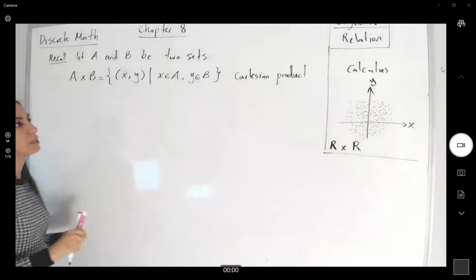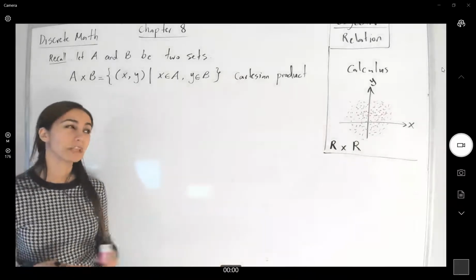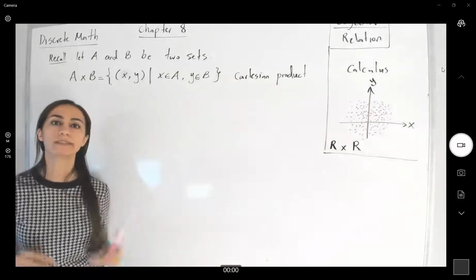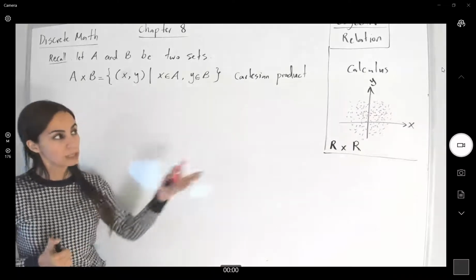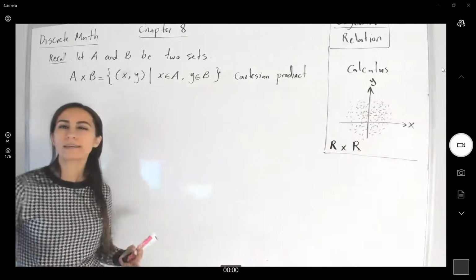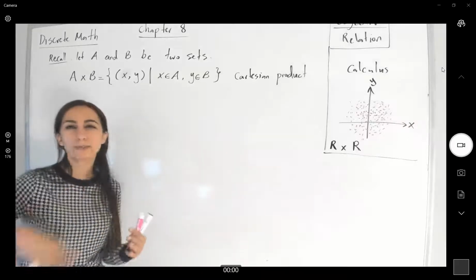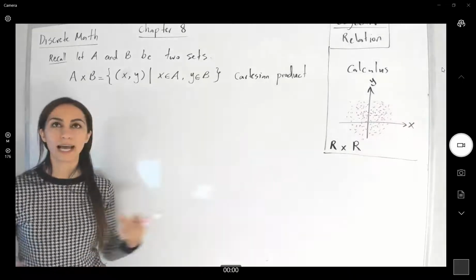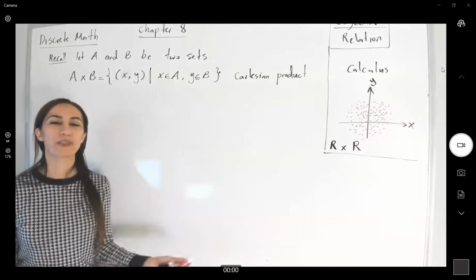Cartesian product between two sets. Remember that. Now that we have ordered pairs in the space, in the plane, we can take some sub-collection, a subset of these points, and define something that we call a relation.